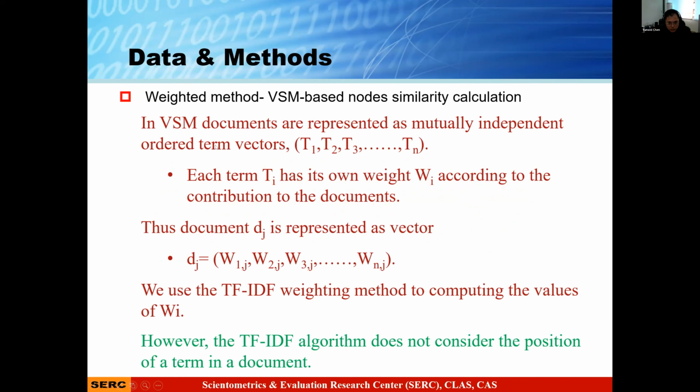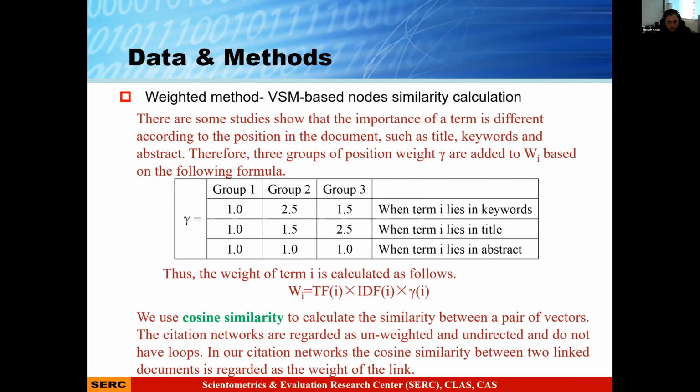The original network is very easy to understand. Then we use the TF-IDF method to give some weight to the links of the network. This is how to compute it.